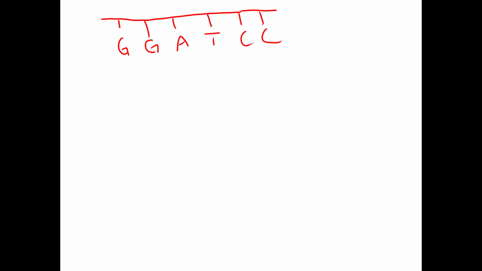If you were to fold it over in the middle towards itself, what does T bind with? It binds with A. What does C bind with? G. What does C bind with? G. And that will be the case with all of these.